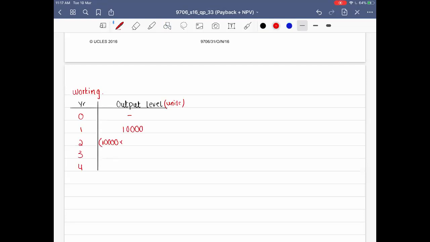That is 10,500. And then further increase by 5%. Third year में it's 11,025.